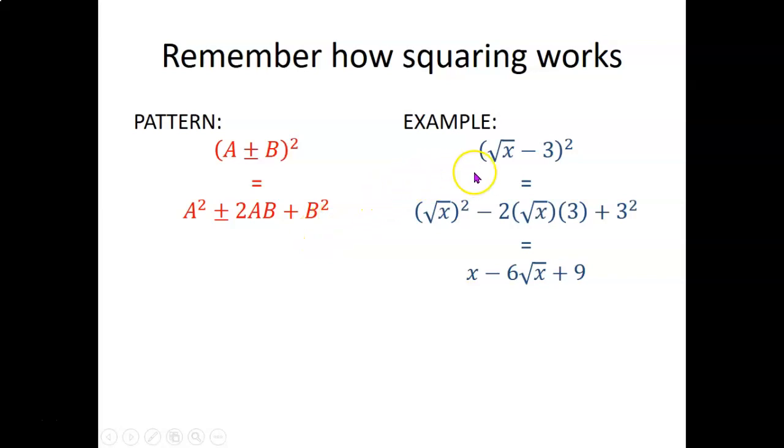So for example, if I took the square root of x minus 3 and I squared that whole thing, I would get the first thing squared, square root of x squared, which would just be x, minus 2 times the first thing times the second thing, so 2 times the square root of x times 3, which would be 6 times the square root of x, plus the second thing squared, 3 squared would be 9. And notice that does still involve a square root of x.